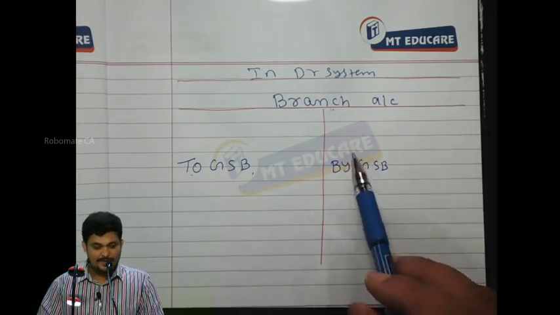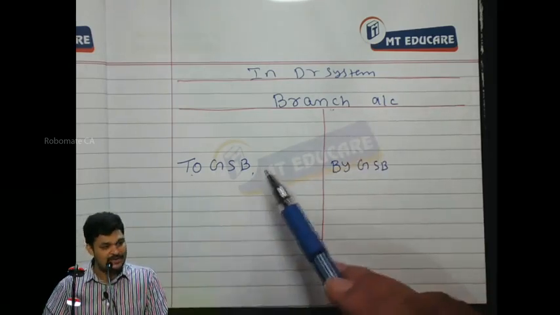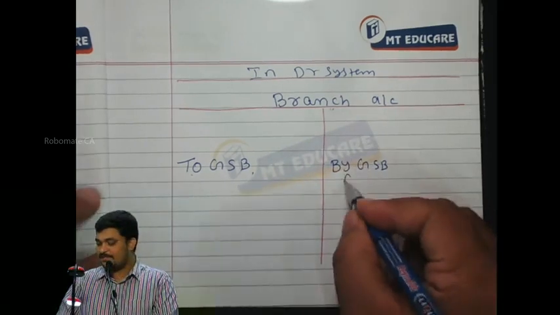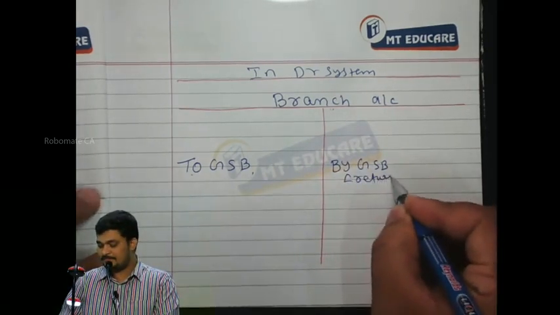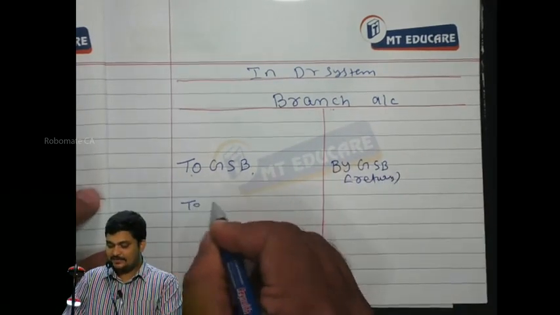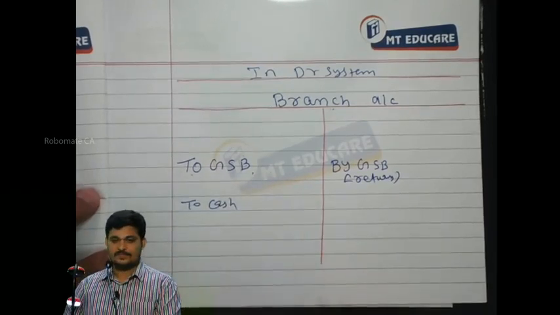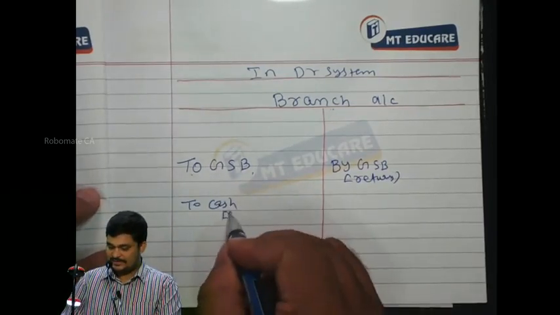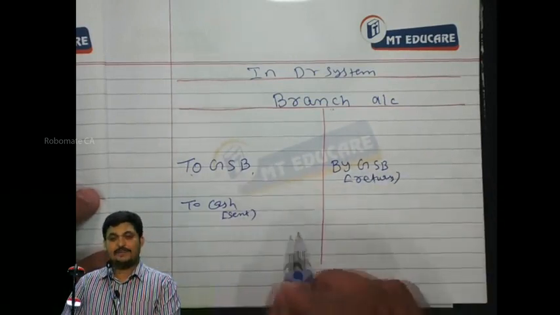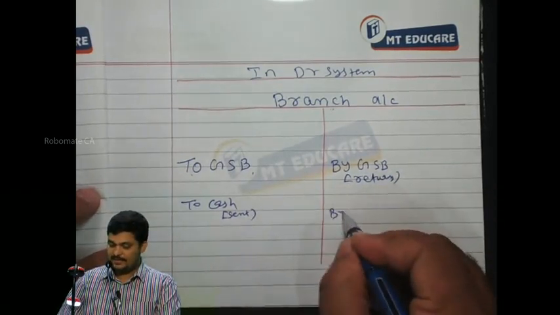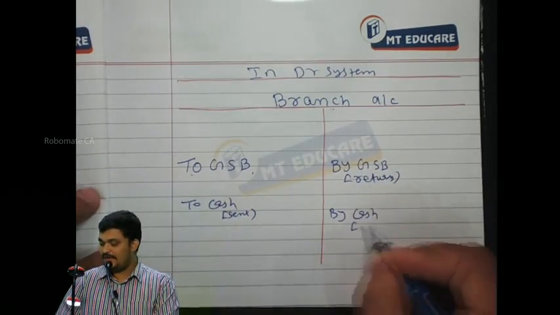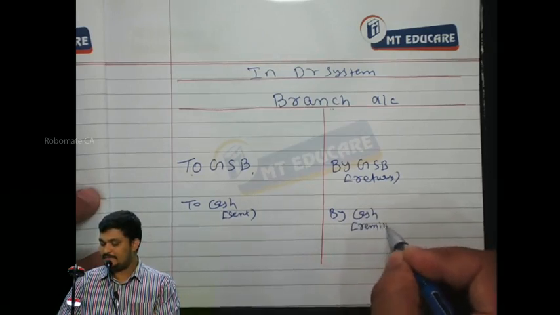So that way we are making an entry. It is a double entry only, but we can mention this as returns. When I sent cash, to cash, which is sent. When I get back the cash, I will write by cash, which we will write as remittance.